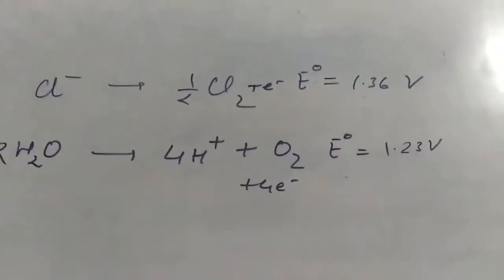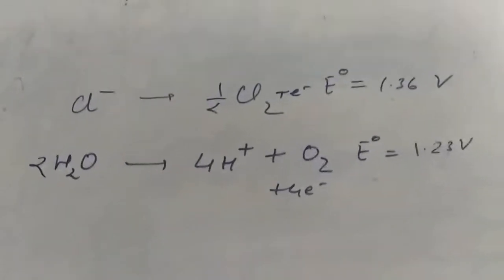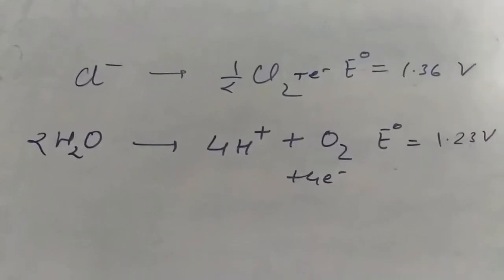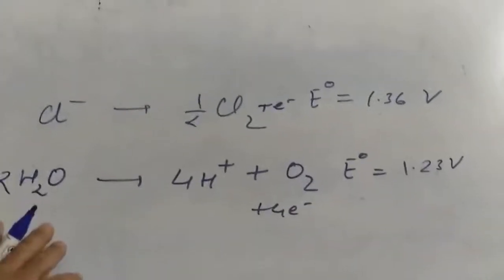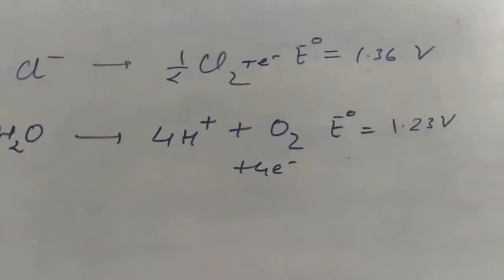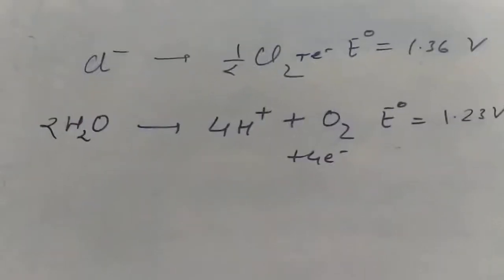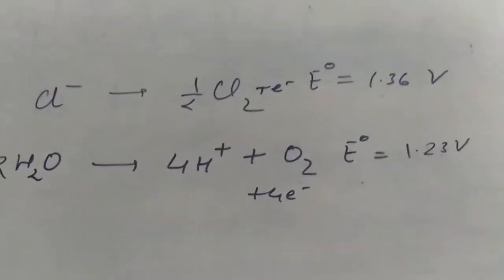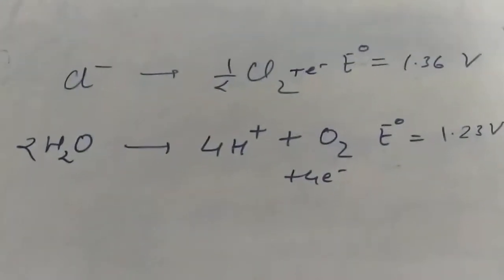Now as you know, if we change the sign, we will have an oxidation potential. So the oxidation potential of water is minus 1.23 and the oxidation potential of Cl minus will be minus 1.36. Now who is greater? Definitely minus 1.23 is greater. So water should be oxidized, it means OH minus should be oxidized.